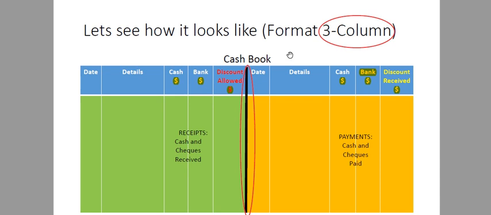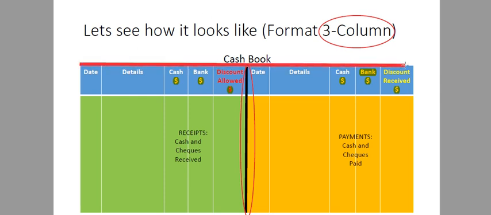If we can draw a big T here, with the top stroke of the T, we can see that it is actually a big T account. But within that T account you notice there are 3 columns on either side: the cash, bank, and discount allowed and discount received.